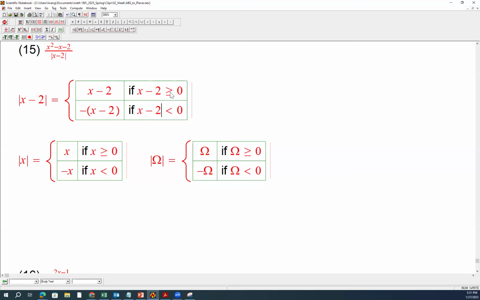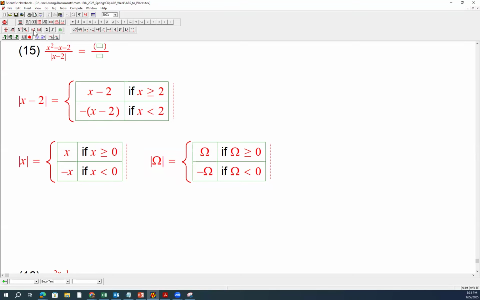And now x minus 2 greater than or equal to 0 becomes x greater than or equal to 2, or x less than 2. So that part is done. But x minus 2 is in the denominator. Also, we're going to factor the numerator, and the factors become x plus 1, x minus 2. And the absolute value of x minus 2 comes with us.